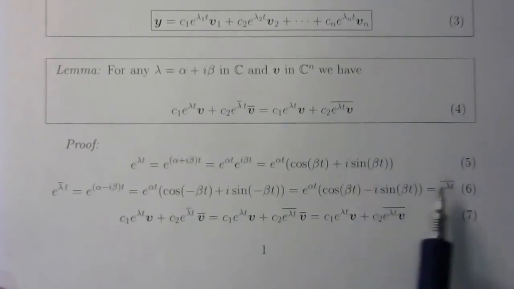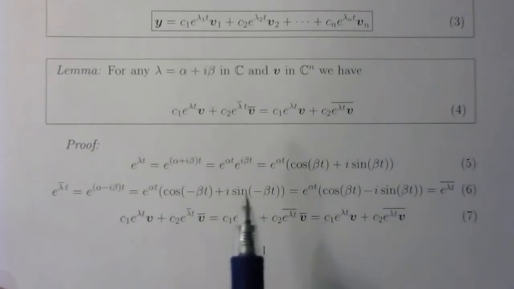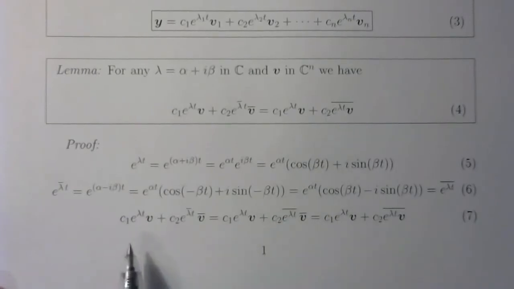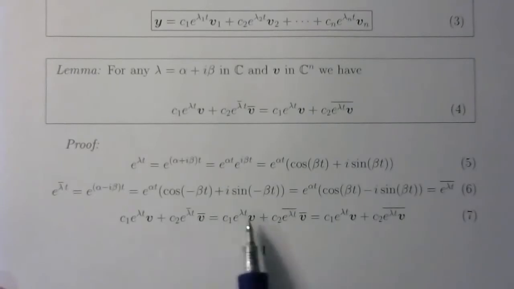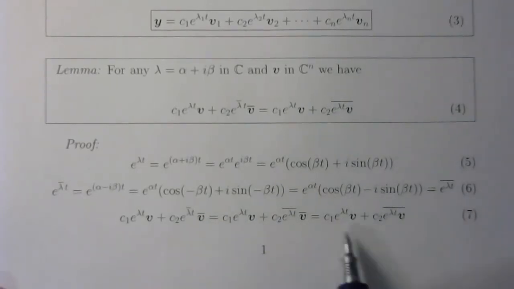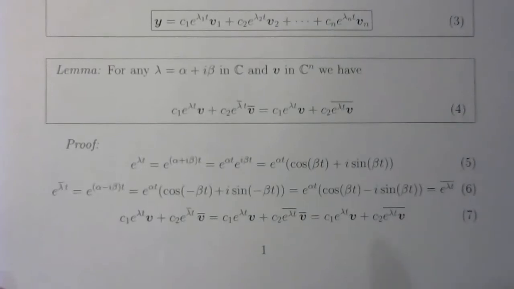The minus only appears on the imaginary term. So this is the complex conjugate of e to the lambda t, which means that c1 e to the lambda t v plus c2 e to the complex conjugate lambda t times the complex conjugate of v is this, and the product of complex conjugates is the complex conjugate of the product. So we get exactly the result we're looking for.